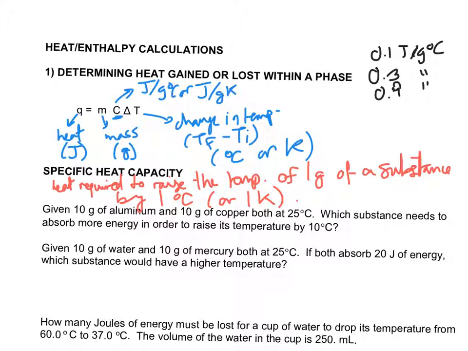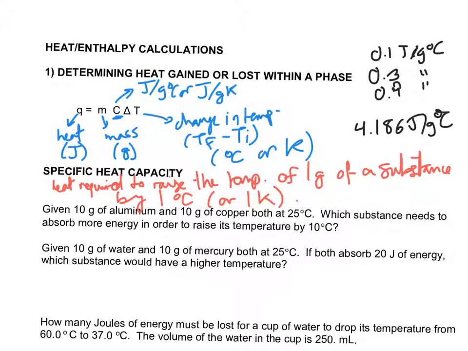Compared to water, for example, it's 4.186 joules per gram Celsius. So what does that mean? Well, if you have a low heat capacity, that means you only need a little bit of energy to raise the temperature of 1 gram of your substance. So a little bit of energy will raise its temperature, which makes sense.